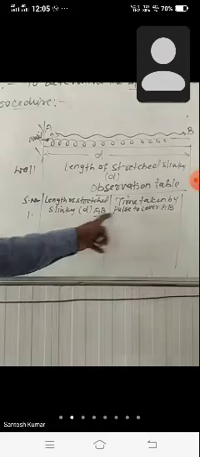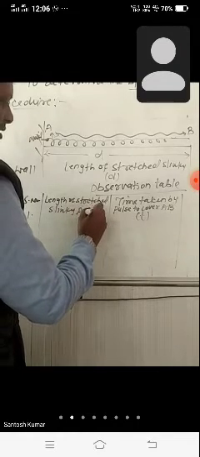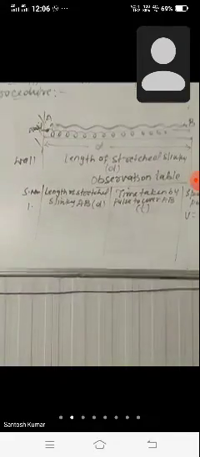Just see, this is d and this is the time taken. Length of stretched slinky AB, which is d, and here the speed of the pulse v equals d by t. Is it clear? Just see.